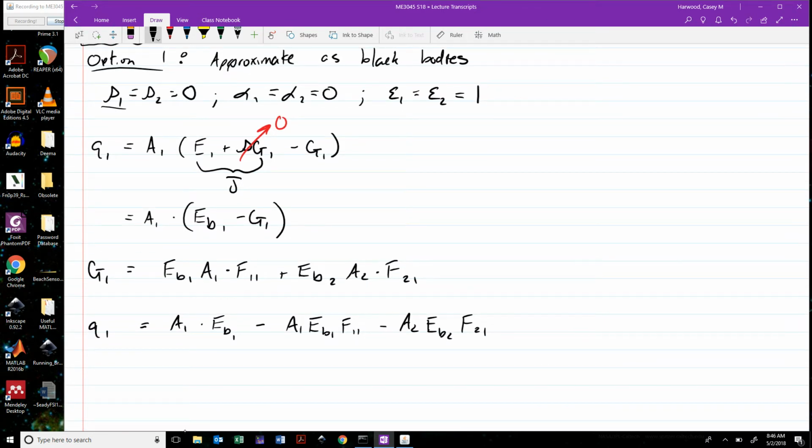And then finally we could substitute in the Stefan-Boltzmann law for these black body radiation terms, and we could say this is equal to A1 sigma T1 to the 4th minus A1 sigma T1 to the 4th F11 minus A2 sigma T2 to the 4th F21.